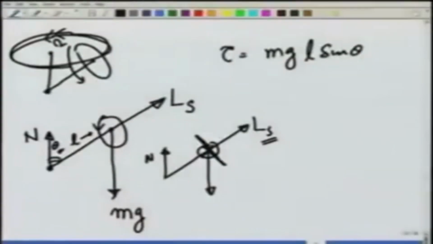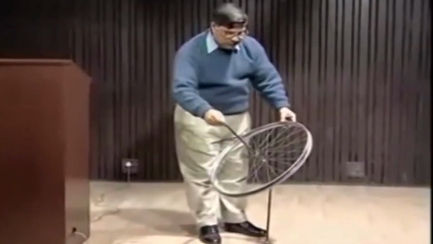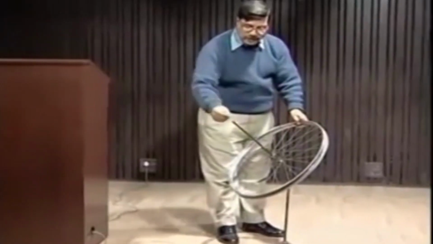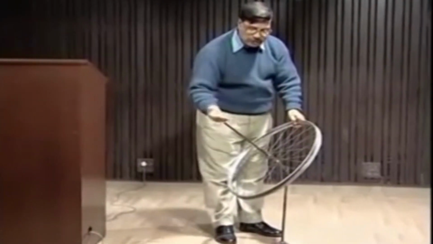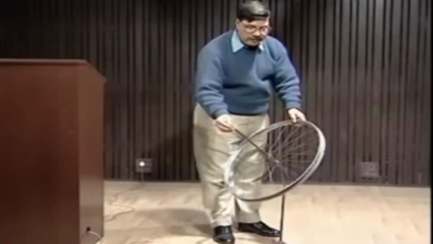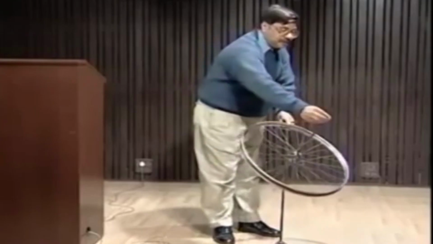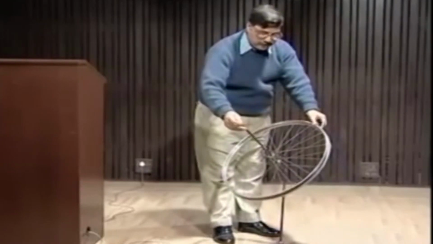Then you see that L spin has to change going into the plane. If I go back to this demonstration, this is the direction of angular momentum, and when there is a torque applied like this, the angular momentum has to go like this. If the angular momentum has to go like this, the body rotates, and this is precisely what we see.